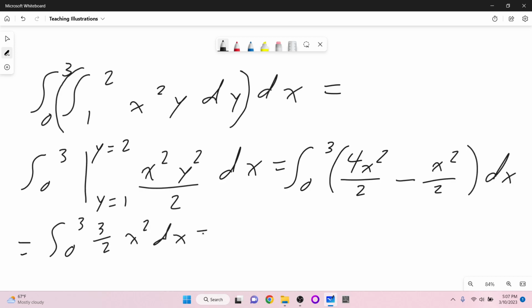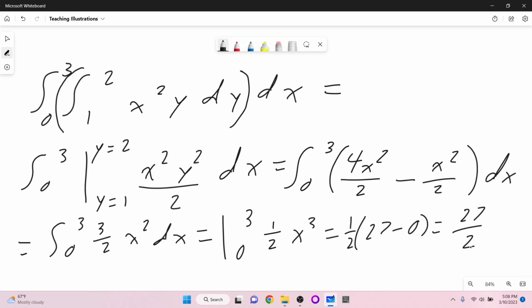And then we integrate this one. It becomes 0 to 3 of, let's see, raise the exponent by 1, so it becomes 1/2 x cubed. And then we will plug in 3 for x and 0 for x. 1/2, 27 minus 0 is 27 over 2.